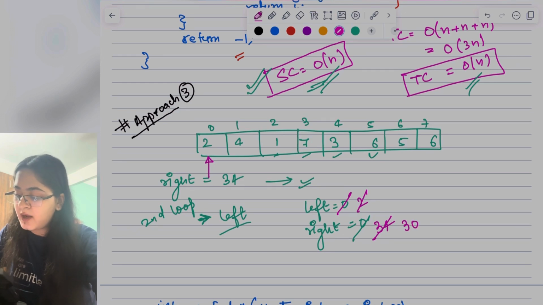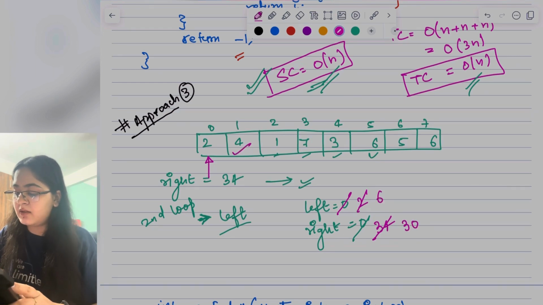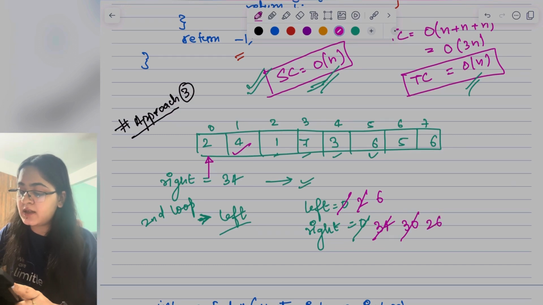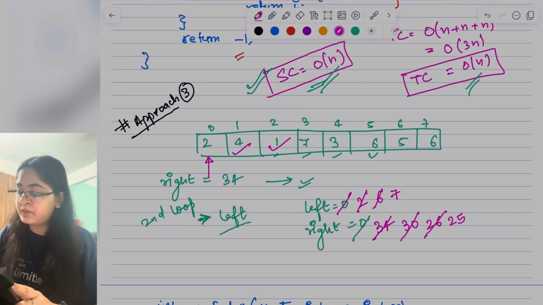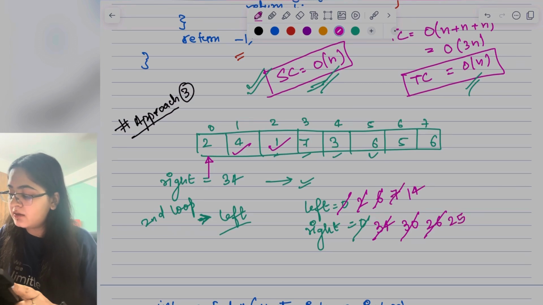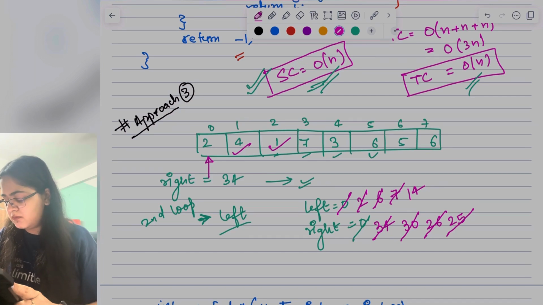Then again I'm going to add this value in my left and decrease this from right. It would become, say, 26. Then I add this value and decrease this value from here. Then I add this value here, decrease this from here. So 25 minus 7 is what? Have I done any mistake?